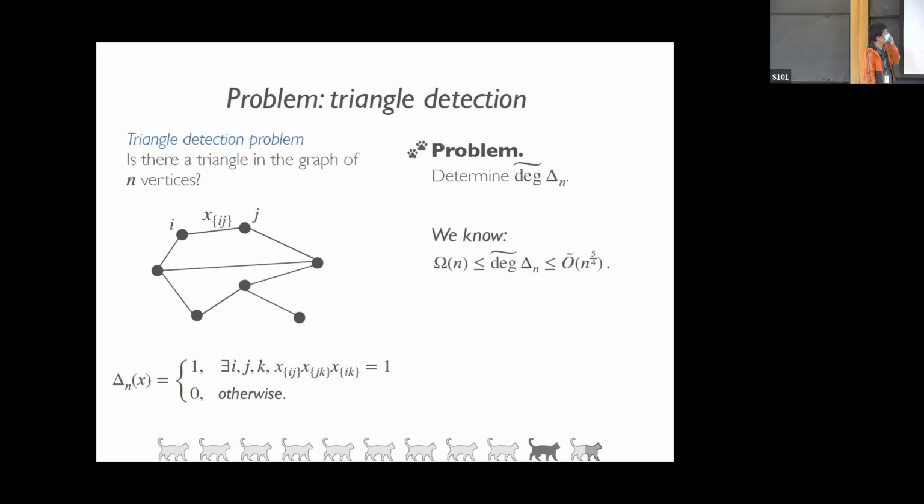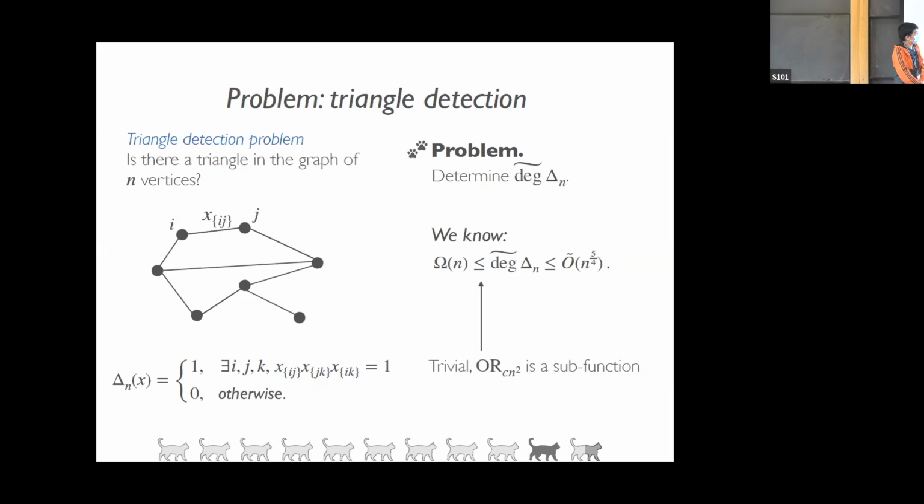Let me tell you what we know about its approximate degree. First, we know that the approximate degree is at least linear in the number of vertices, lower bounded by n. This is actually a trivial lower bound, because if you think about it for a little bit, you will realize that the OR function is a subfunction of the triangle detection problem.